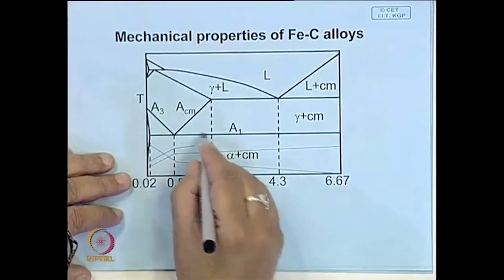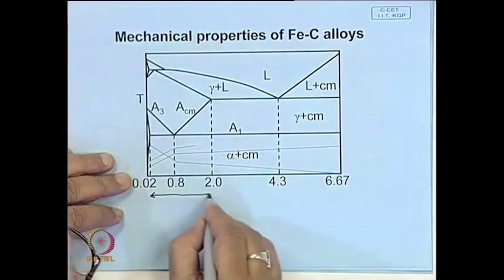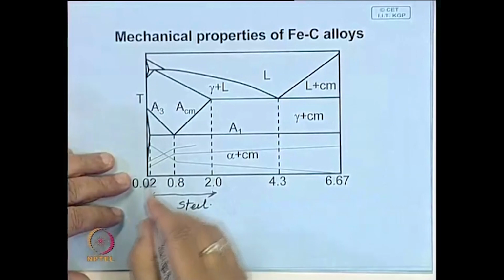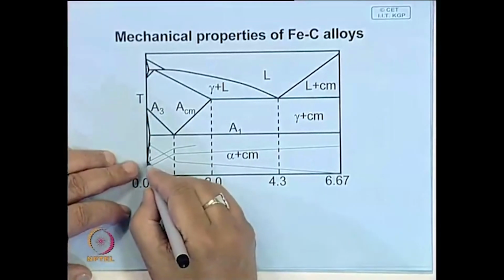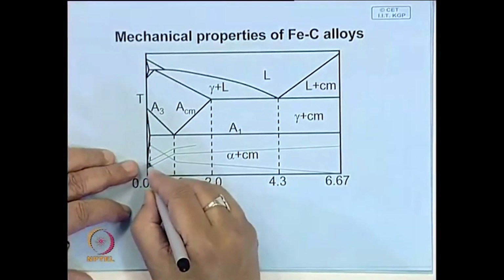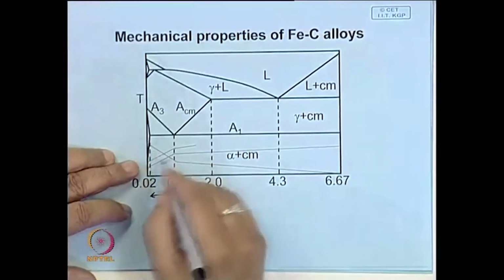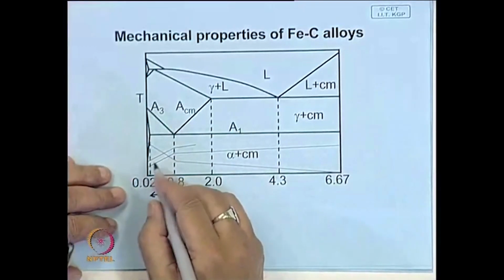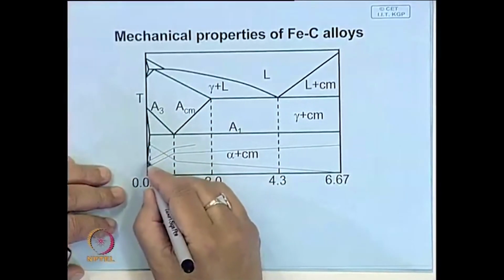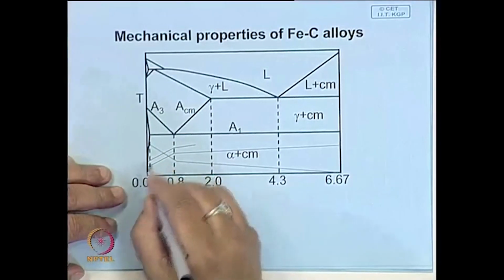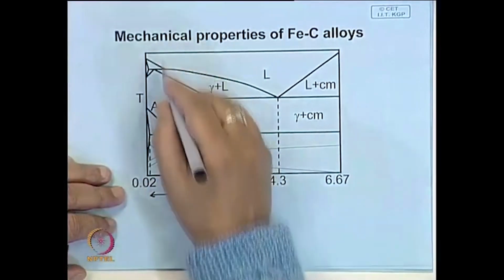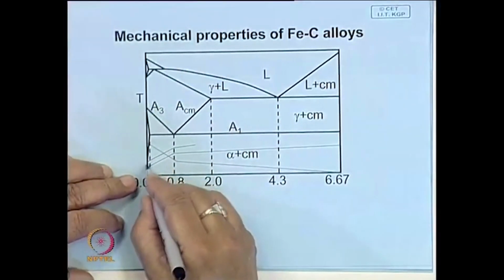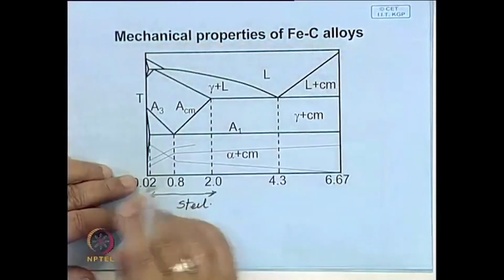For example, in the steel regime, this portion is steel, and here if you look at the structure that you get under normal conditions, we will later come to special types of heat treatment where properties can be changed substantially, but normally air cooled or furnace cooled steel, that means where the structure is closer to equilibrium, which is described by this phase diagram.